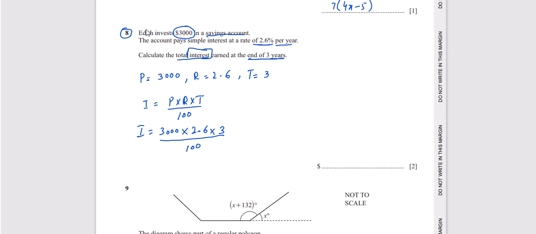Calculate these values. I is equal to 234. This is our final answer, 234.